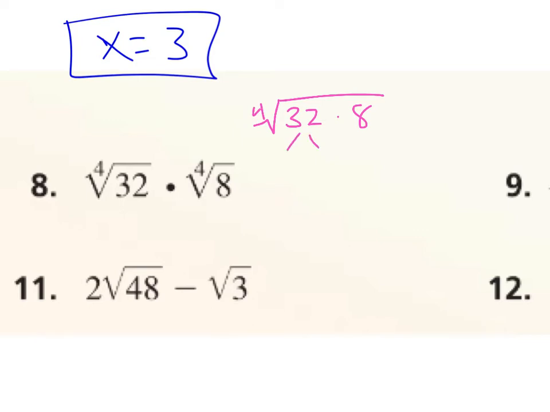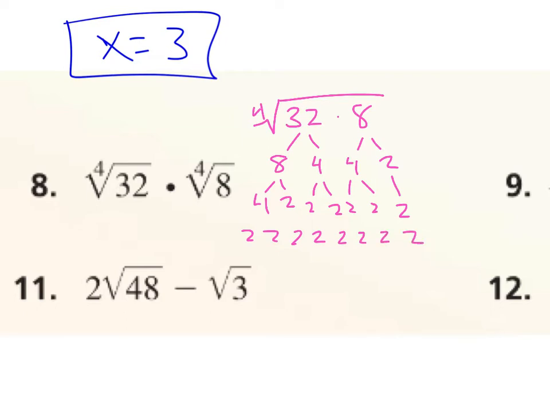So what are factors of 32? 8 and 4. Factors of 8? 4 and 2. So factors of 8 are 4 and 2, 2 and 2, 2 and 2 and 2. So we have 2, 2, 2.